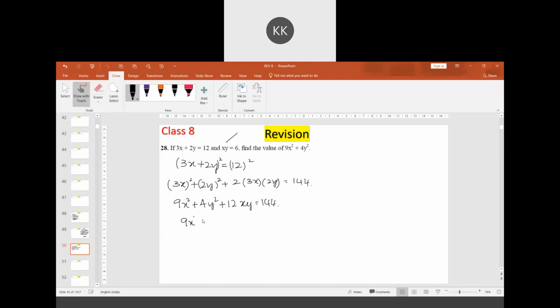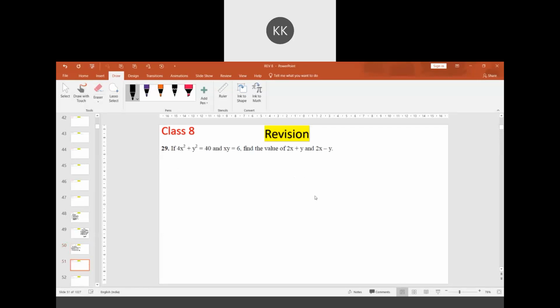So 9x square plus 4y square will become equal to 144 minus 12 times 6, which is 72. 72 subtracted from 144 is again 72. So the answer is 72. The method is same. From the given, we are squaring on both the sides.